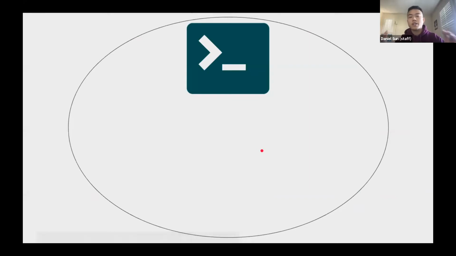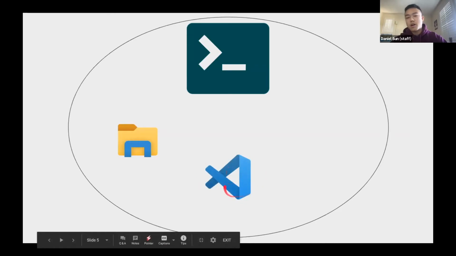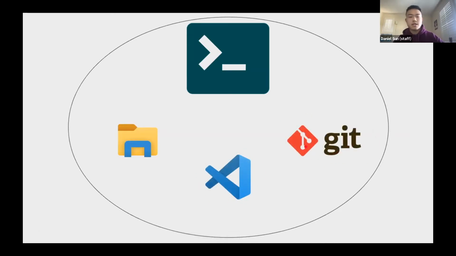So the terminal actually encompasses a lot of functionalities on your computer, including but not limited to your file explorer, your code editor, and accessing Git commands. So your terminal can do all of these things and more. And in order to demo that, we'll just show how everything that you can do in your file explorer right now, you can also do in your command line, in your terminal. I'm going to use those words interchangeably.